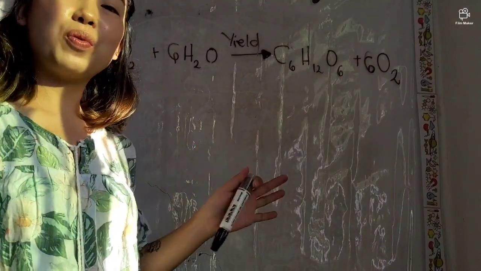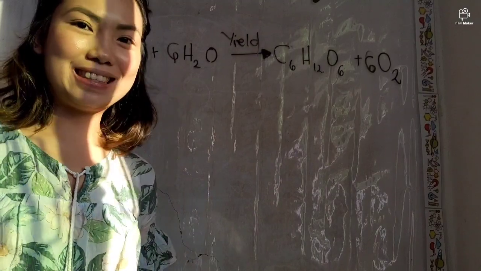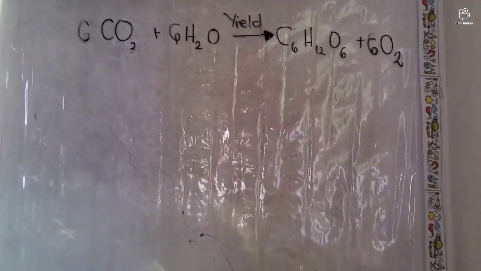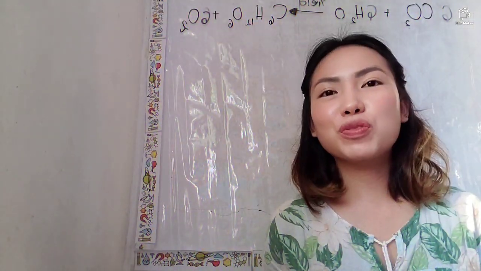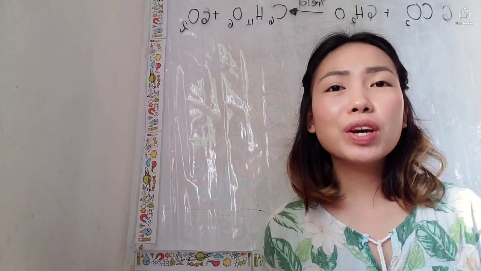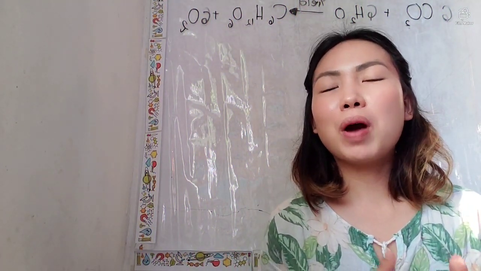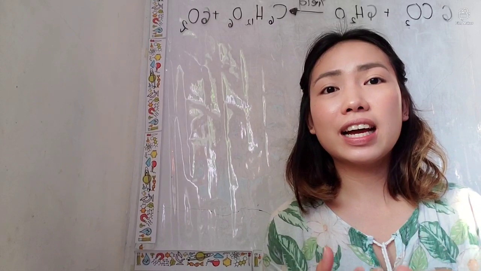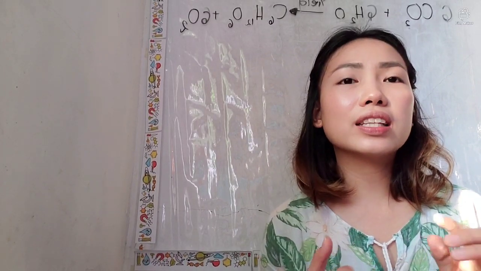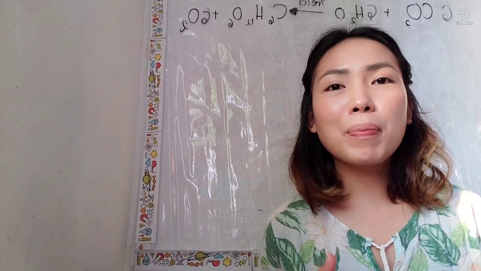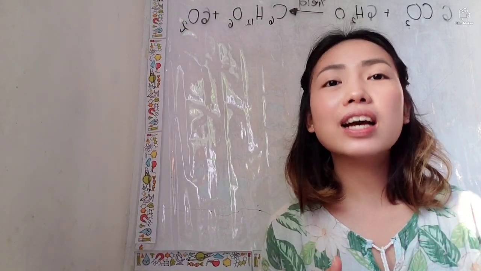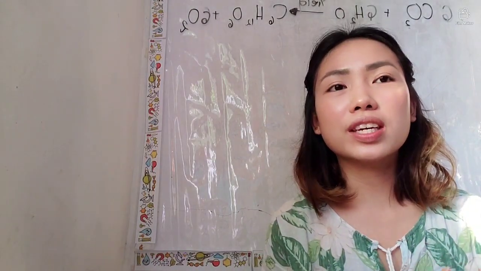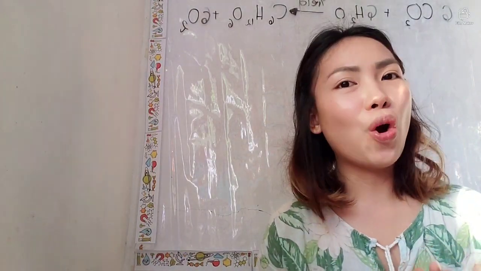So that is now the equation for photosynthesis. We now have a balanced equation for photosynthesis. Our equation shows the materials we need, such as carbon dioxide and water, to produce glucose and oxygen.